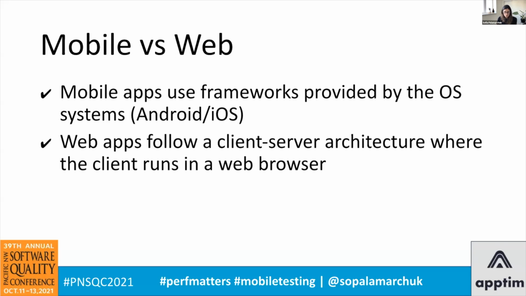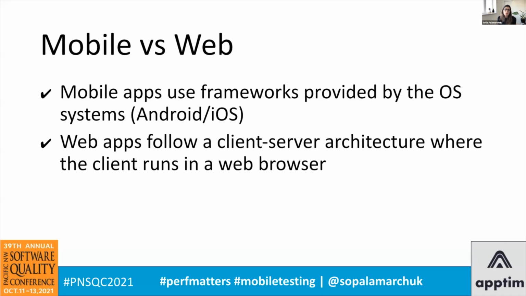And then when it comes to measuring performance of these two different platforms, a mobile versus a web application, there are striking differences in how they are built. And that is how it's going to define what we should look for when we're testing for client-side performance. A mobile application depends on the underlying framework provided by their operating systems, the most used ones being Android and iOS.